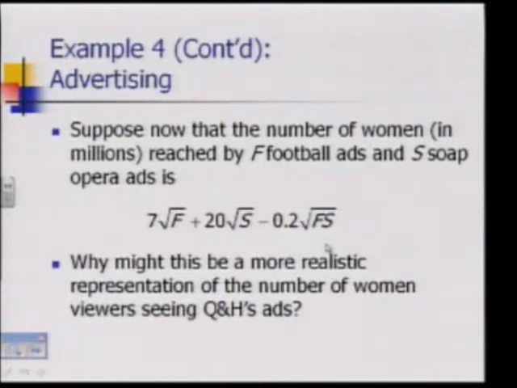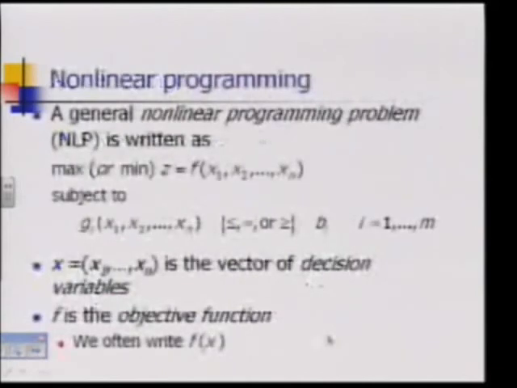You don't want to double count that. Is that realistic? I would say so, because usually there are some correlations. Some people may like football and soap opera, and some may be resistant to any kind of targeted advertisement.